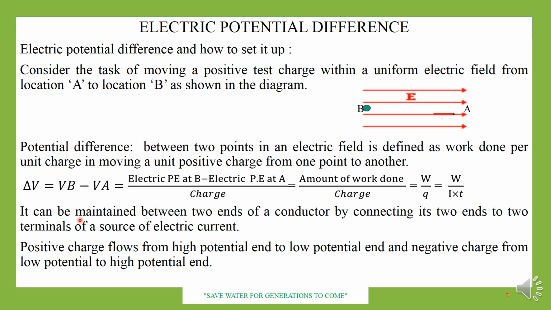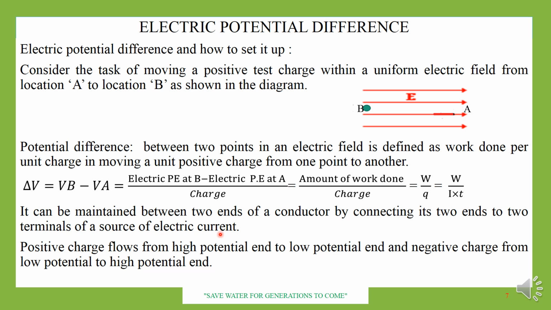Now, how can it be maintained across the ends of a conductor? If the potential difference is not there, then there will be no electric current in the conductor. It can be maintained between the two ends of a conductor by connecting them to the two terminals of a source of electric current.